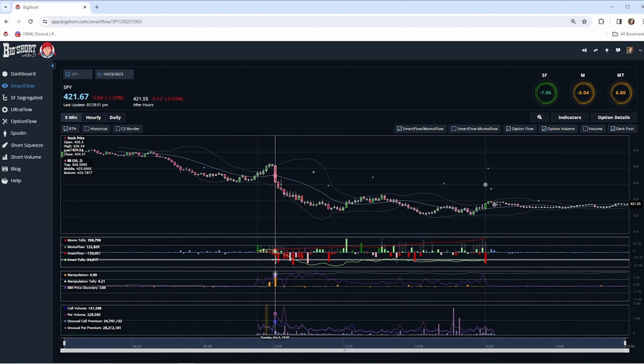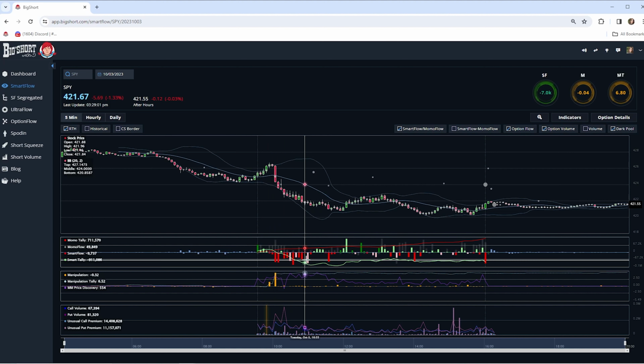The shadow that you see here is the corresponding size of the Momo flow volume for this candle. So this is all of the smart flow selling, and this is the corresponding Momo flow buying.